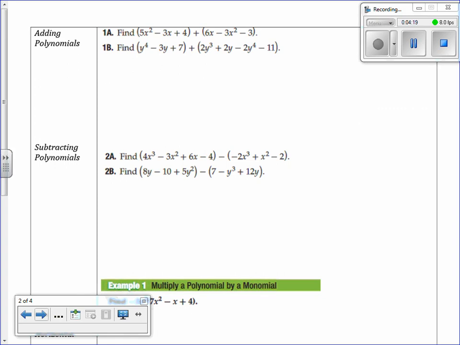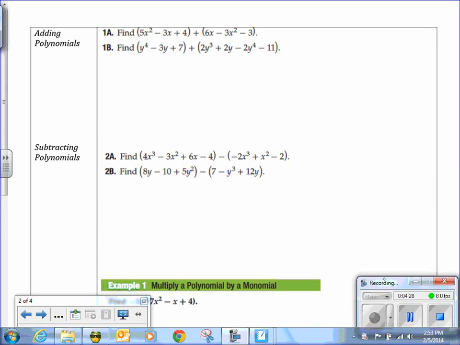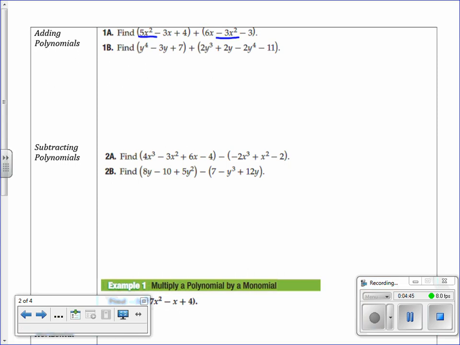Okay, so now what we want to do is add polynomials, all right? What we need to remember is adding like terms, okay? That's all it really is. So I'm going to look at it in standard form. I'm going to start with my largest exponent on my x value, and I have 5x squared, and I have negative 3x squared. I'm just taking a look at just those. 5 minus 3, I get 2x squared. X squared is just coming along for the ride.